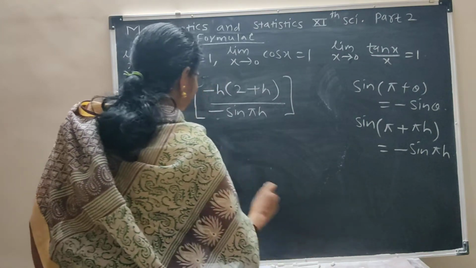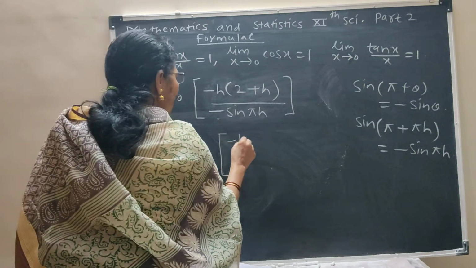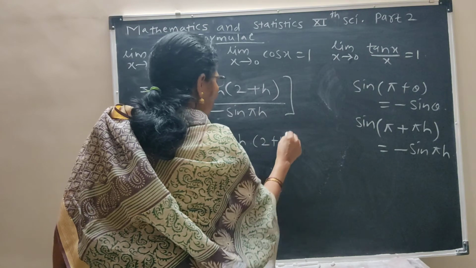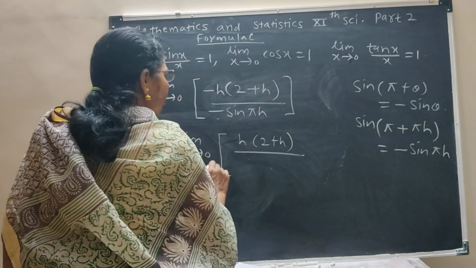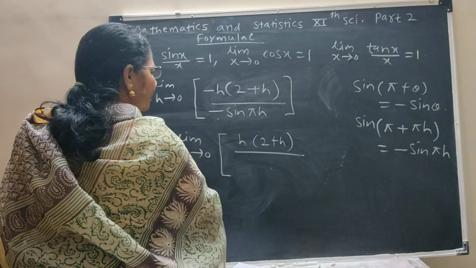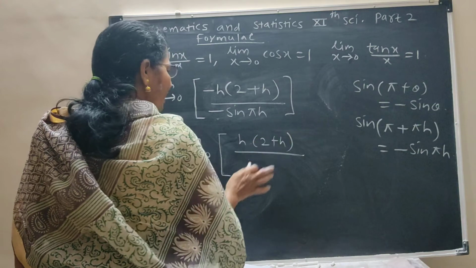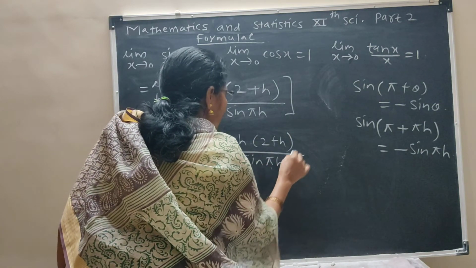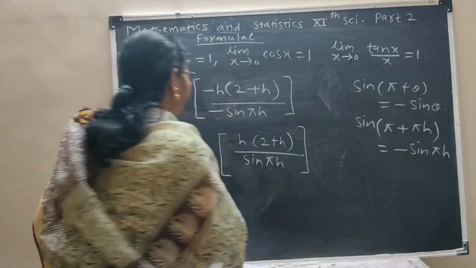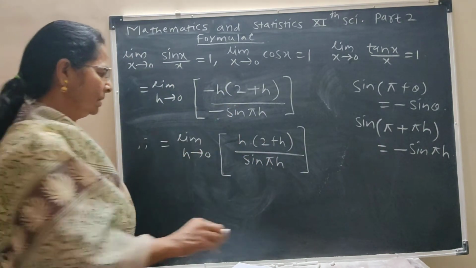Now adjust the formula. This minus h as it is, 2 plus h. Minus minus becomes plus. So h times (2 plus h) upon sin pi h.